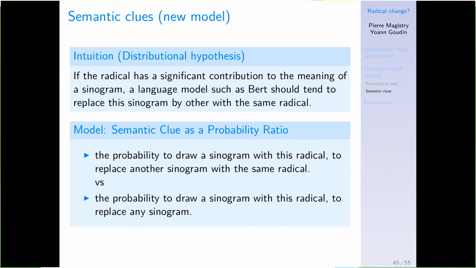So you take a text and you ask the model to guess which character should be in that position. So the idea, again, here is that if the radical is bringing some meaning to the sinogram, then this kind of language model should fill the gaps with other sinograms, but with the same radical.